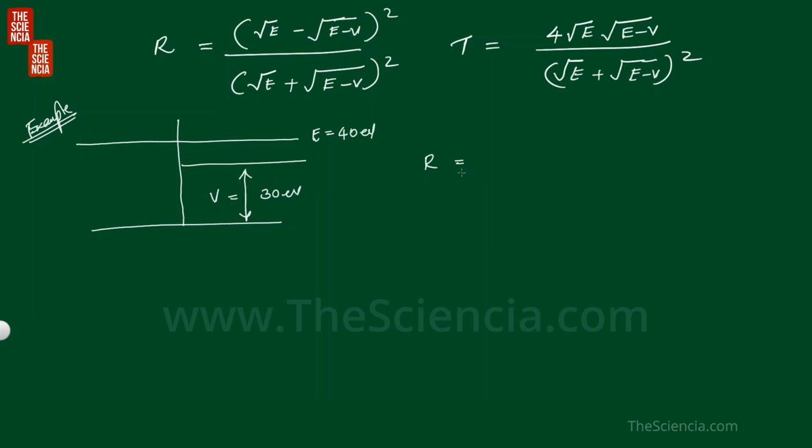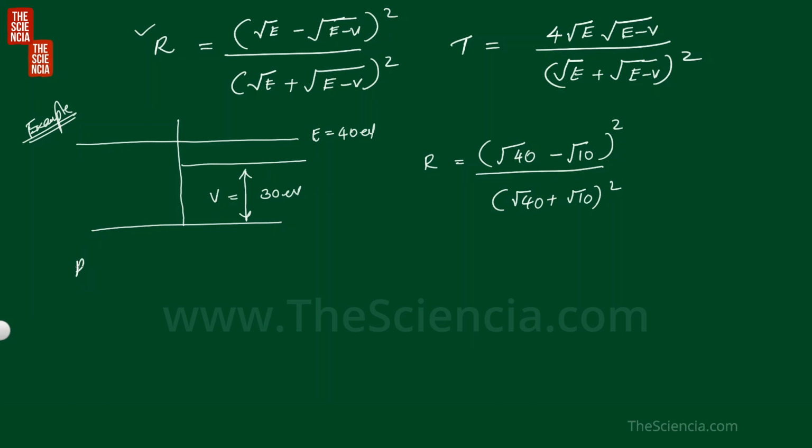So first we have to find out the reflection coefficient. So we have to substitute this energy in this expression. So root E, that is the energy of the particle, that is root 40, minus root E minus V, that is 40 minus 30, that is root 10, all square, divided by root 40 plus root 10, all square.